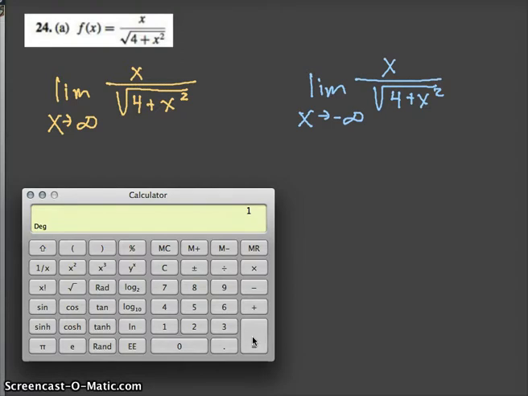So you can do that, that's not a problem. But we want to be very algebraic about this.